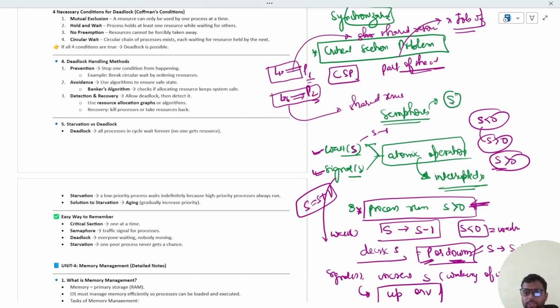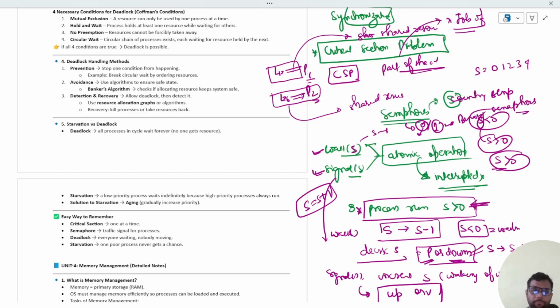Now, if the semaphore is counting, like S is taking values 0, 1, 2, 3, 4, then we call it a counting semaphore. And if the semaphore only takes 0 and 1, where 1 means an active, running process and 0 means a waiting process, then it is known as a binary semaphore.